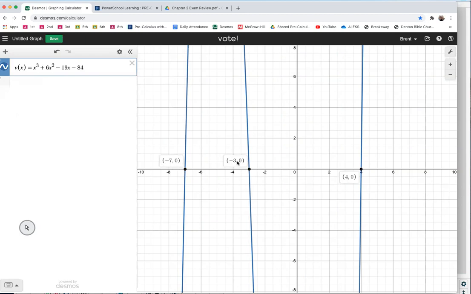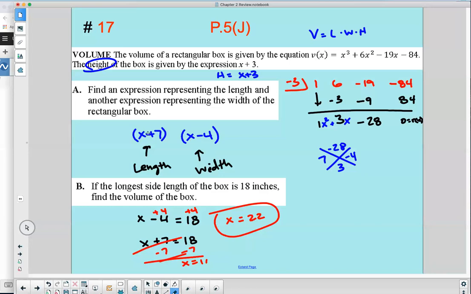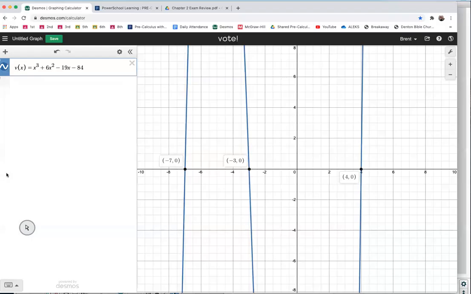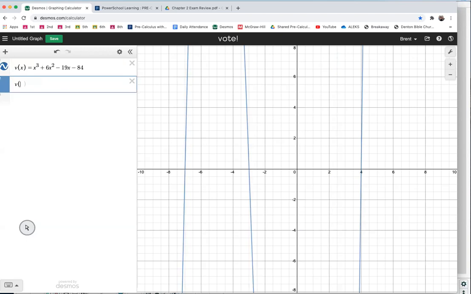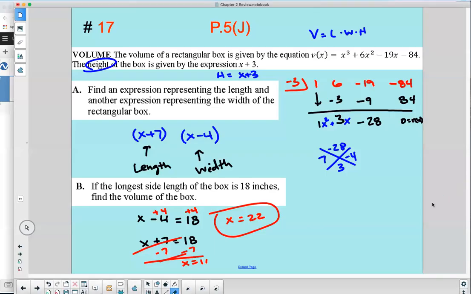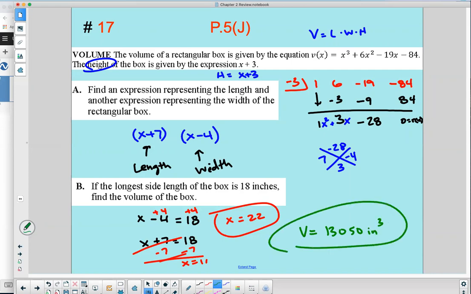So that's the height, x plus 3. We'd also have x plus 7 and x minus 4. Here those are. And if you want to know what happens if your x is 22, that would be your volume right there, $13,050 rather. And let's say inches, okay, inches cubed. And that would be your volume right there.